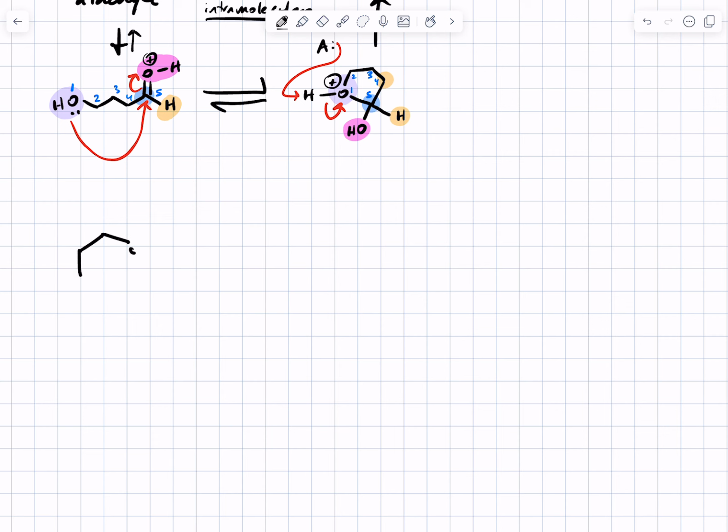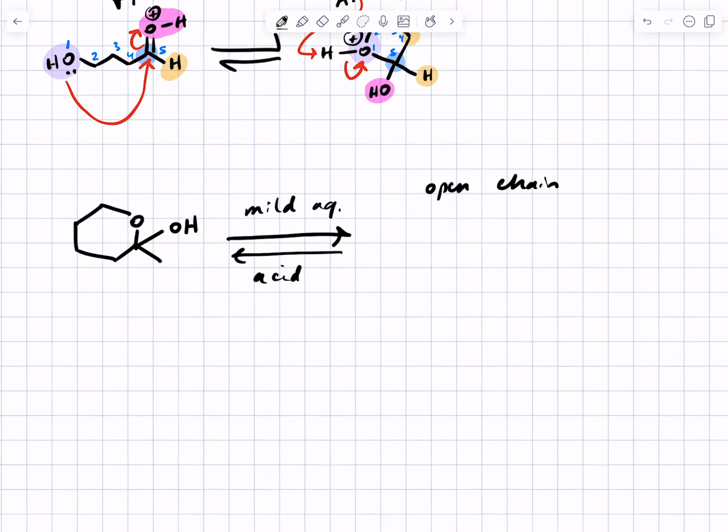So now, behold, oh, the horror, a 6-membered ring hemiacetal. And I could ask you, again, in mild aqueous acid, this is going to be in equilibrium with an open chain form. So I could ask you, what is the correct open chain form of this cyclic hemiacetal?